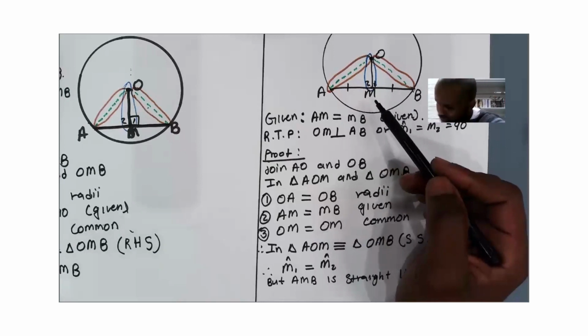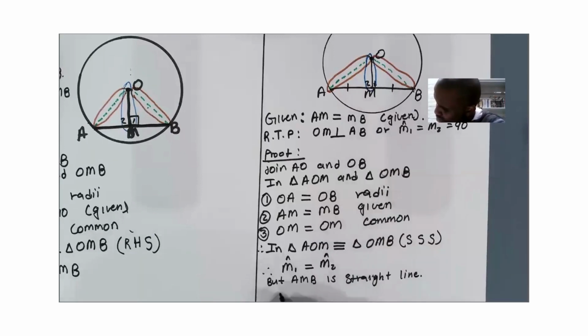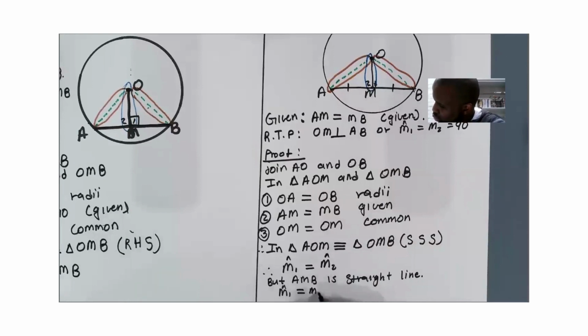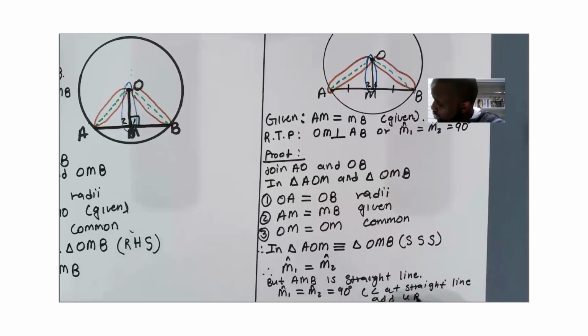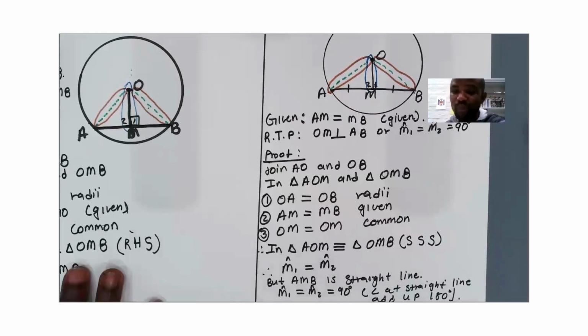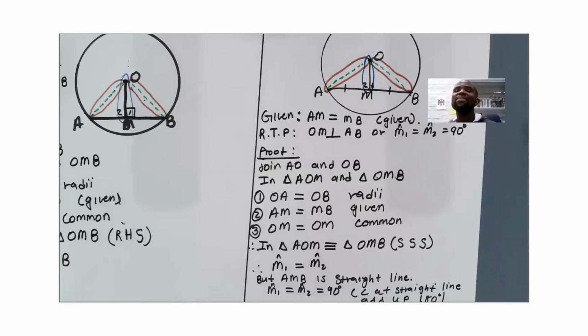So M1 is equal to M2, which is equal to 90 degrees. Why? Because angles on a straight line add up to 180 degrees. We are done, brothers, we have proved our two theorems.